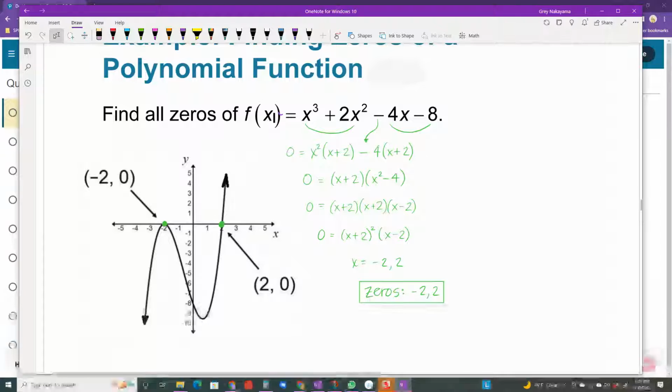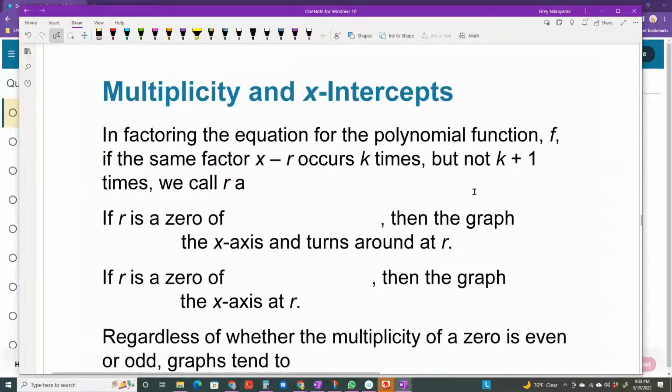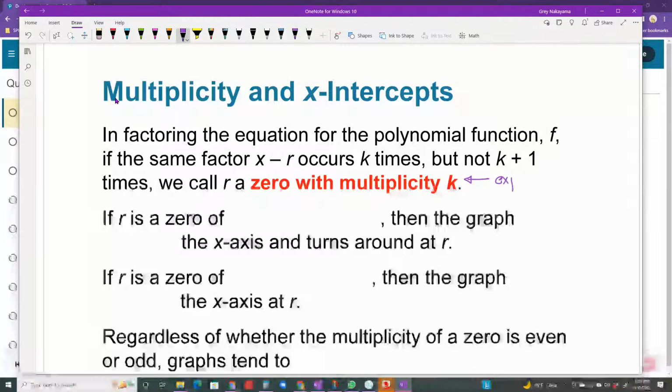So you can see that it is, and we're going to talk about why they behave differently in just a second, like right now. Multiplicity and x-intercepts. When you solve and you factor like we just did, then when you have a 0 that has a multiplicity of k, all that means, y'all, is they're asking you what's the exponent on the factor.